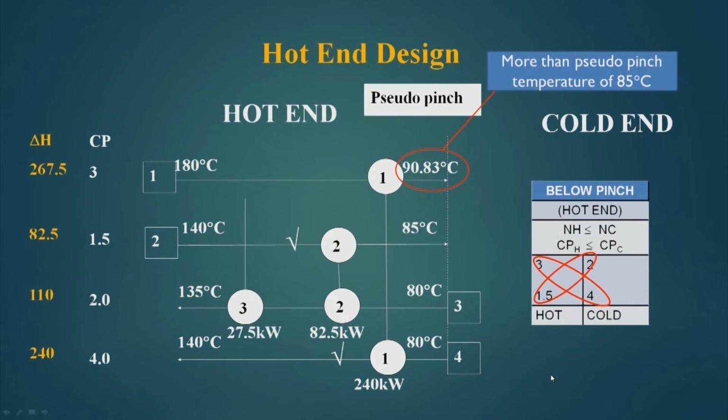Now, I put a third match between 3 and 2. This match is not obeying the CP rule, because CPH is more than CPC, and this match is for 27.5 kilowatt.